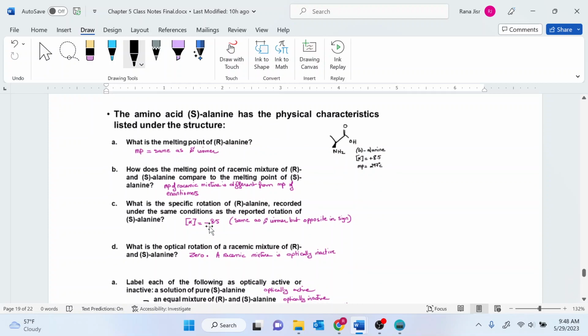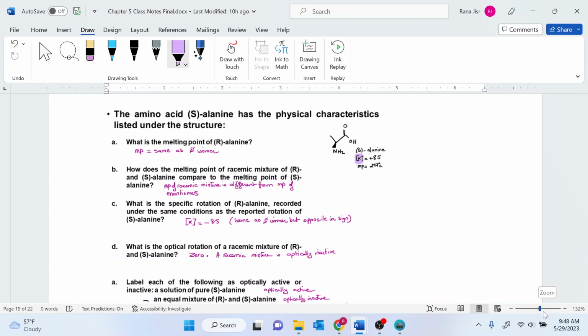The specific rotation of R-alanine is going to be the opposite of S-alanine.